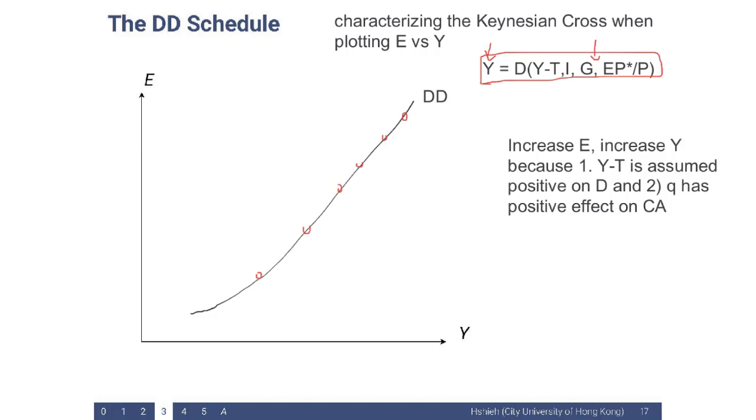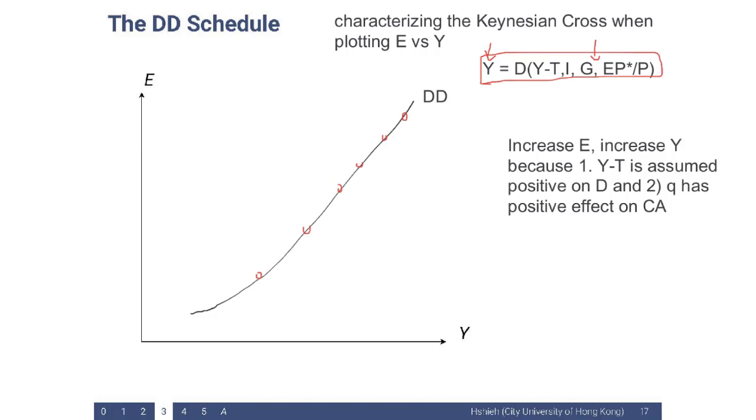The financial markets are cleared in equilibrium, UIP is satisfied, the money market is cleared, right? Real money demand equals real money supply, and the DD schedule is also cleared, right? That means the real economy is clear. Supply equals demand.